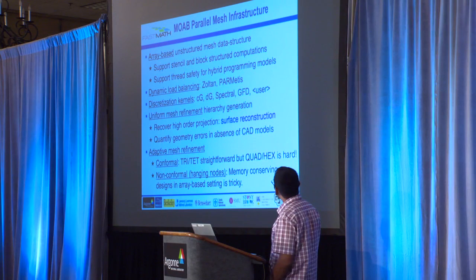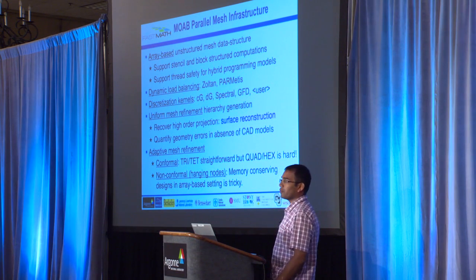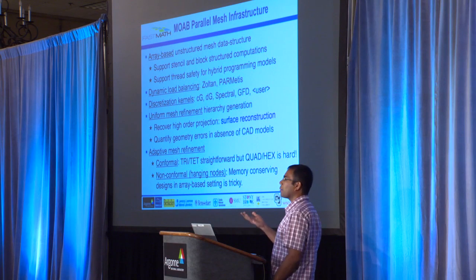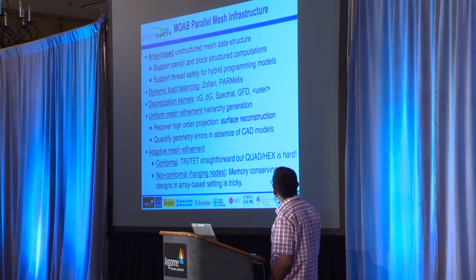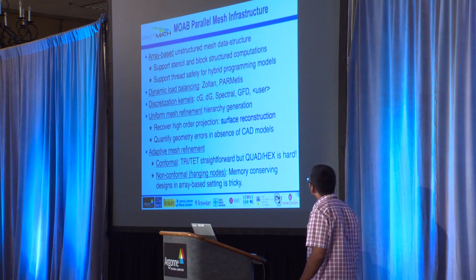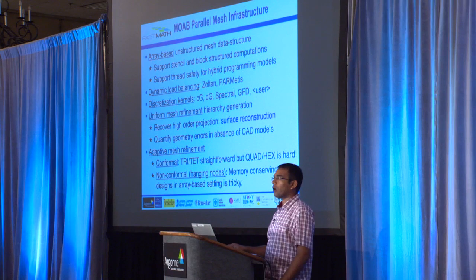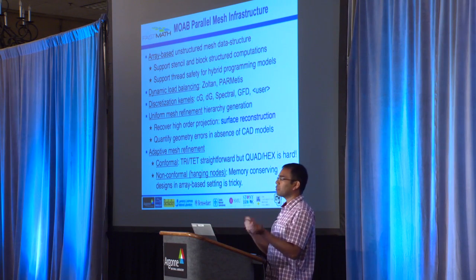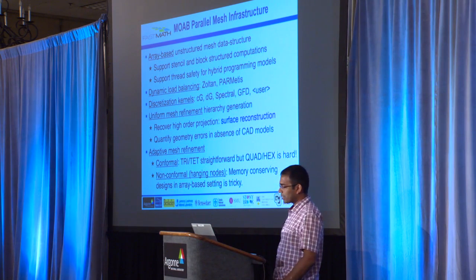We've done enough work to make it thread safe, so that if you have a hybrid programming model that uses MOAB underneath, it shouldn't cause any issues in terms of thread safety. There is also support for load balancing or mesh migration as needed for your applications.